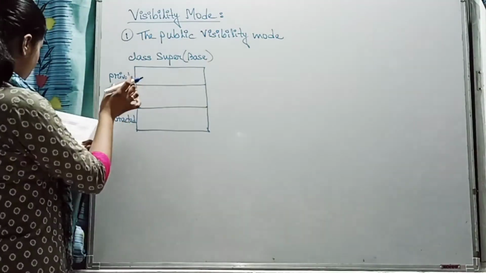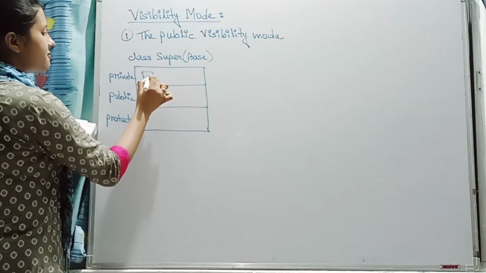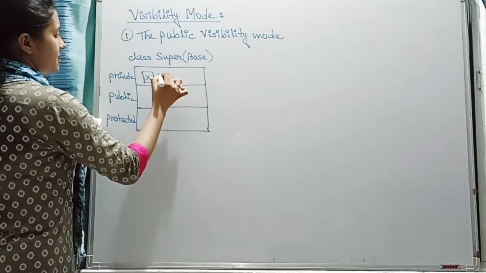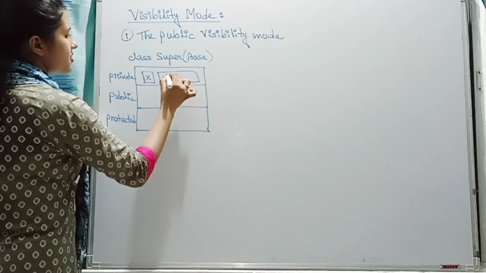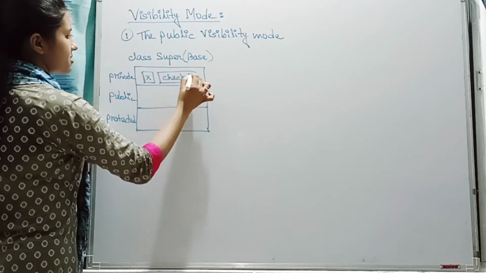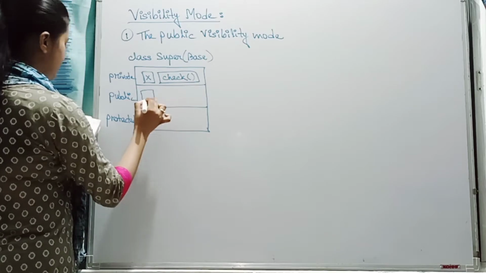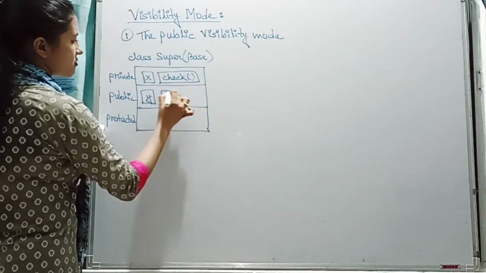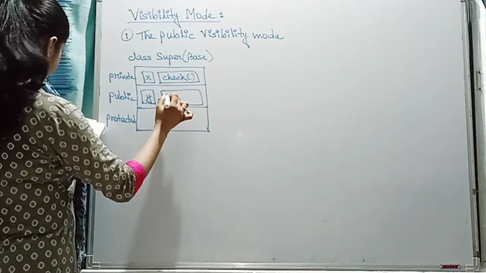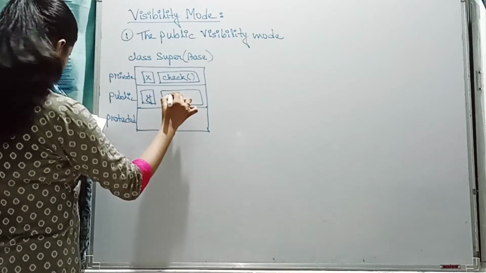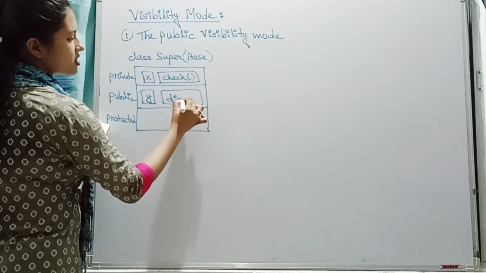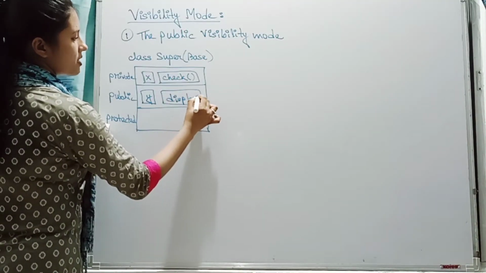Okay. So in the private section we have defined X, this is the data member, and we have defined one member function check. In the public section we have defined a data member Y and we have defined a member function display in the public section.